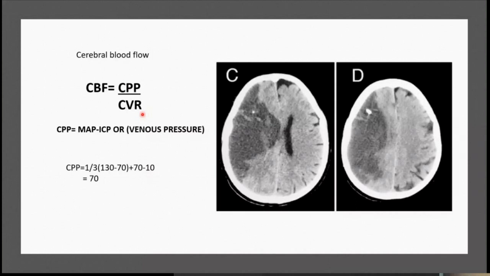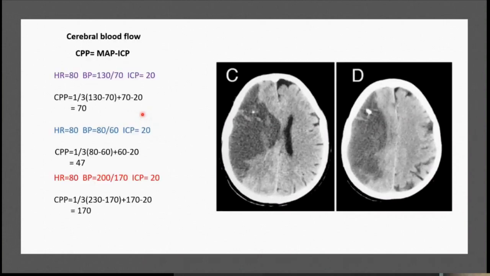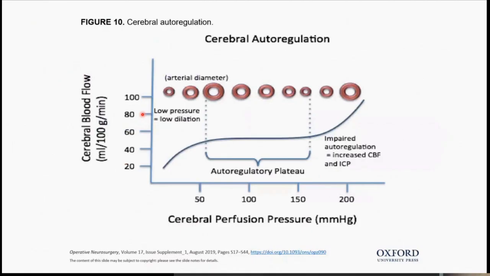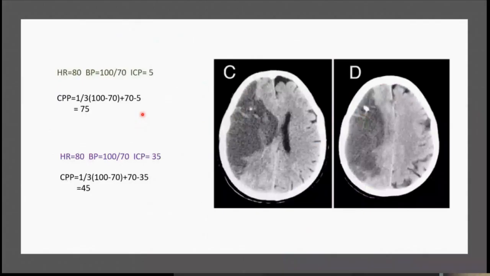But I want you to keep in mind that the cerebral blood flow is not equal to the cerebral perfusion pressure. It is the cerebral perfusion pressure divided by the cerebral vascular resistance. Okay, let's see what happens if the blood pressure is constant, but the ICP is variable.